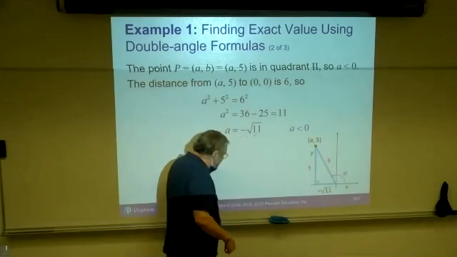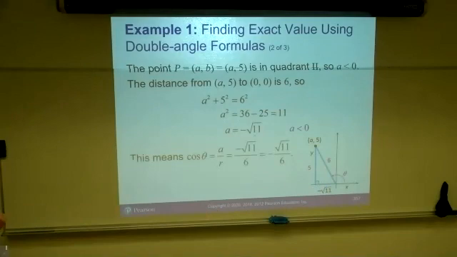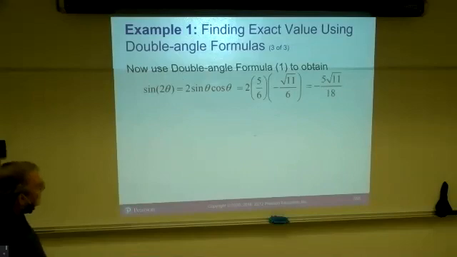So let me finish that, which means the cosine of theta is the negative square root of 11 over 6. And the double angle formula. So yeah, they're doing the same thing I am, and they got the same number, right?